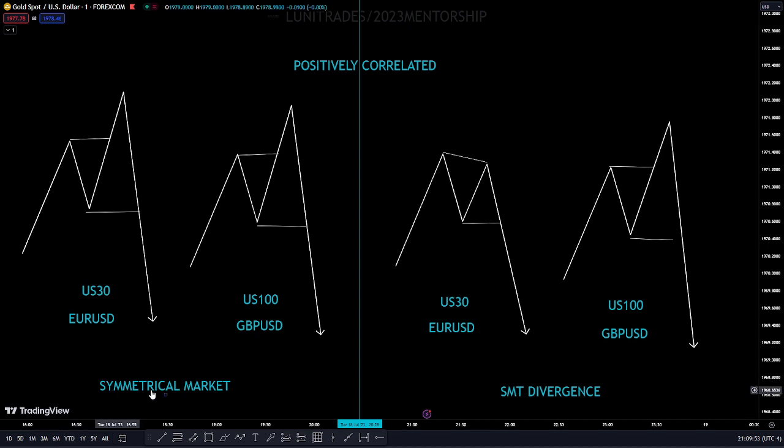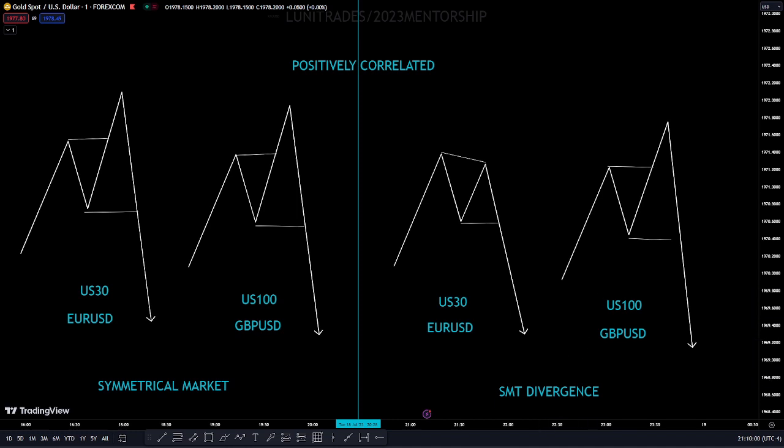Here the market was symmetrical, but when the market wasn't symmetrical, which is around here, that's when an S.M.T divergence formed. So this is an S.M.T divergence. Understand? This is an S.M.T divergence correlated with the US 100.